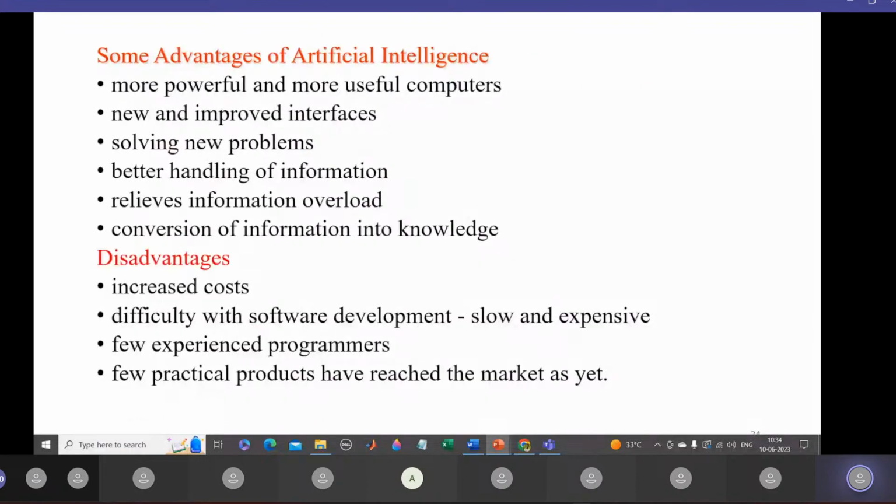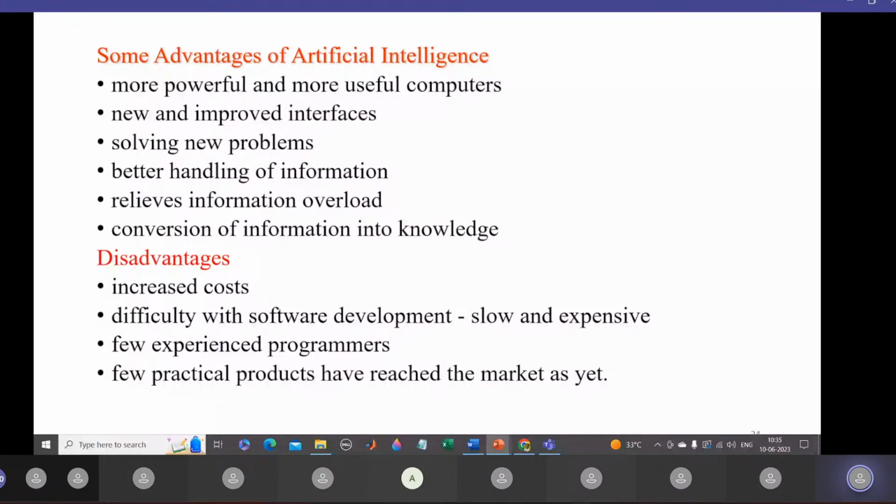So these are some of the foundations of artificial intelligence. First, we came into an idea of what is an AI, and then making the system intelligent. That is the concept of AI. And then, what are the areas which are behind the AI? And now, what are the advantages and the disadvantages?